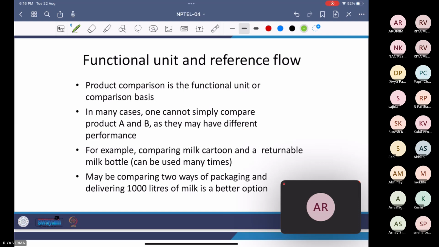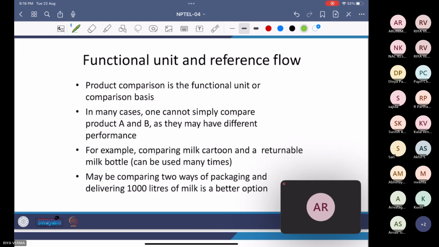So we need to understand that it's not always possible to compare them as they are. We need to find a common function that both the products are performing, and based on that we can compare the products.